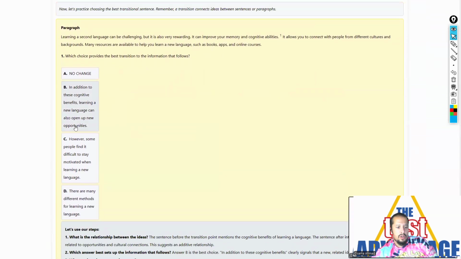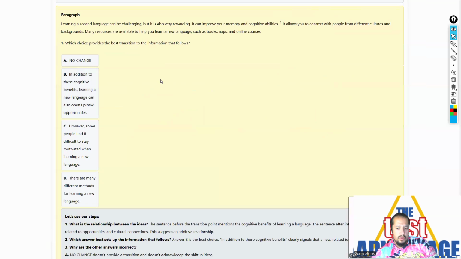Right? So I think this is the sentence. No, this is the sentence. So it's going to be added here. This is the sentence.